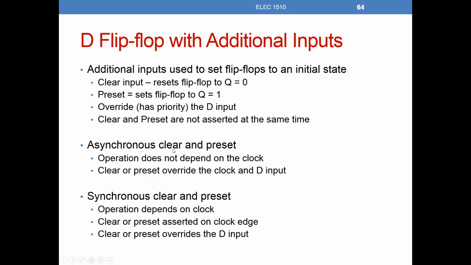So asynchronous clear and preset. So asynchronous means our reset and preset operation does not depend on the clock at all, right? And it will override both the clock and the D input. Synchronous means that our clear and preset operation depends on the clock. It's going to be asserted on a clock edge, but it will override the D input.